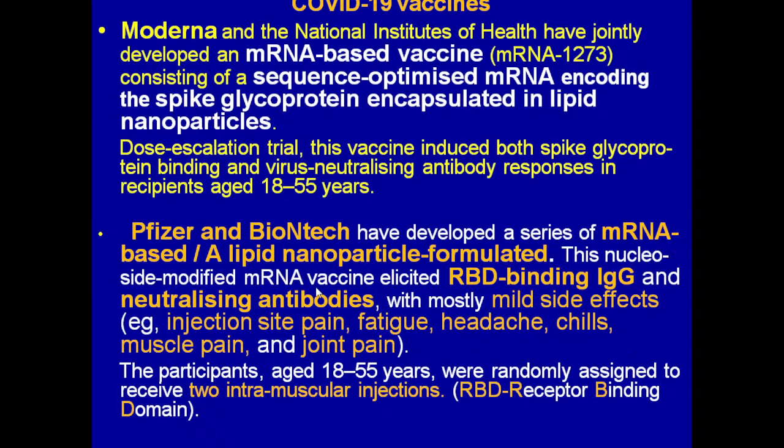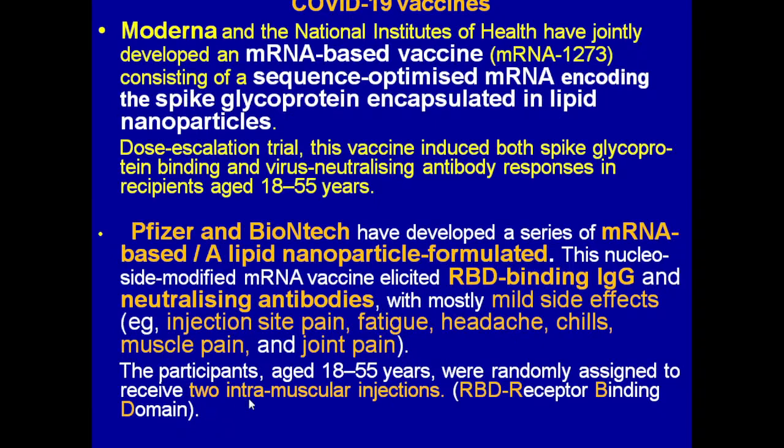This nucleoside-modified mRNA vaccine elicits receptor binding domain IgG and neutralizing antibodies with mostly mild side effects. What side effects? Injection site pain, fatigue, headache, chills, muscle pain, and joint pain.